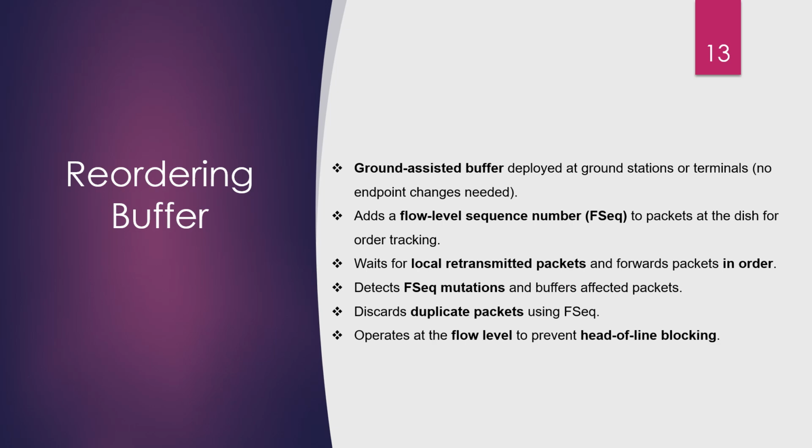The buffer waits for local retransmission to maintain correct order, then detects flow level sequence numbers, then discards duplicate packets. By this mechanism, it reduces packet disorder and improves stability and performance in the LEO networks.